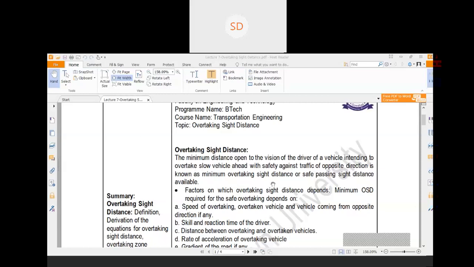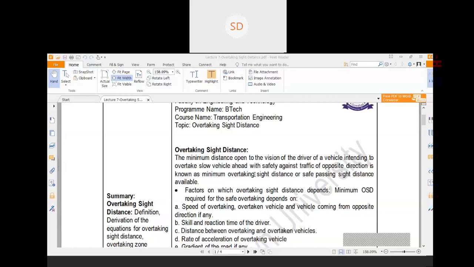Okay, this is the overtaking sight distance. Basically, this definition means the visibility ahead of a driver whenever he intends to overtake a slow moving vehicle safely, without any collision with the vehicle coming from the opposite direction.